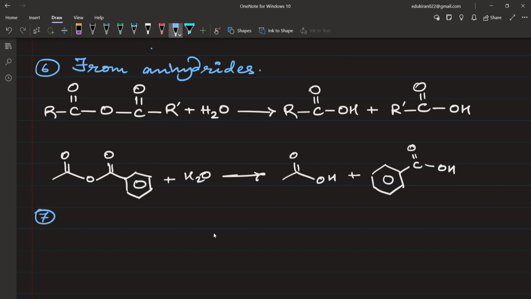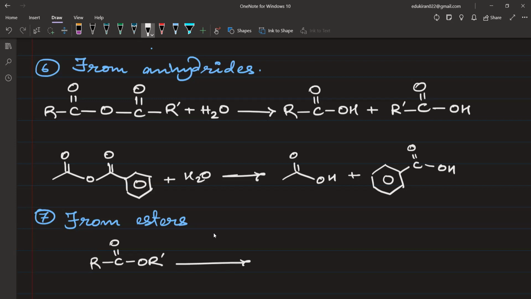Right, the seventh one from esters. This reaction we have seen in the reactions of alcohol. For the method of preparation of alcohol, you have R, C double bond O, and OR dash. Again, same thing, H3O plus, acidic hydrolysis.